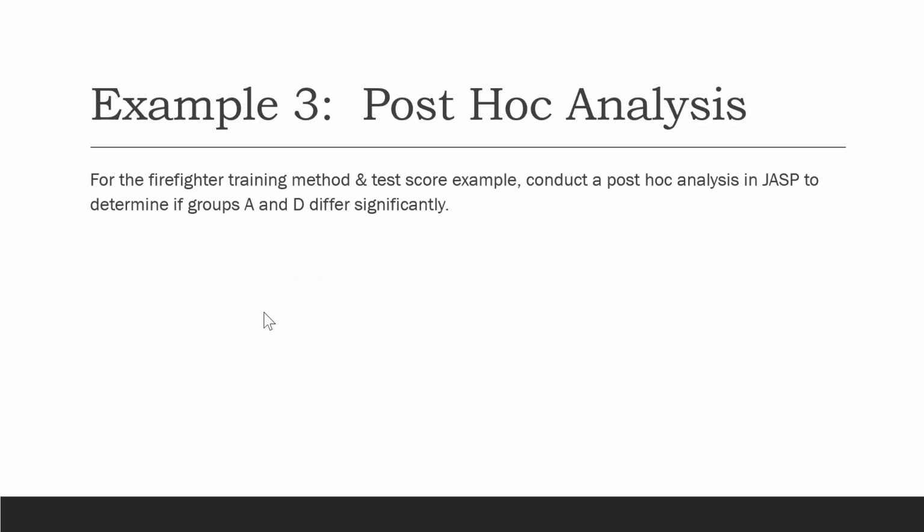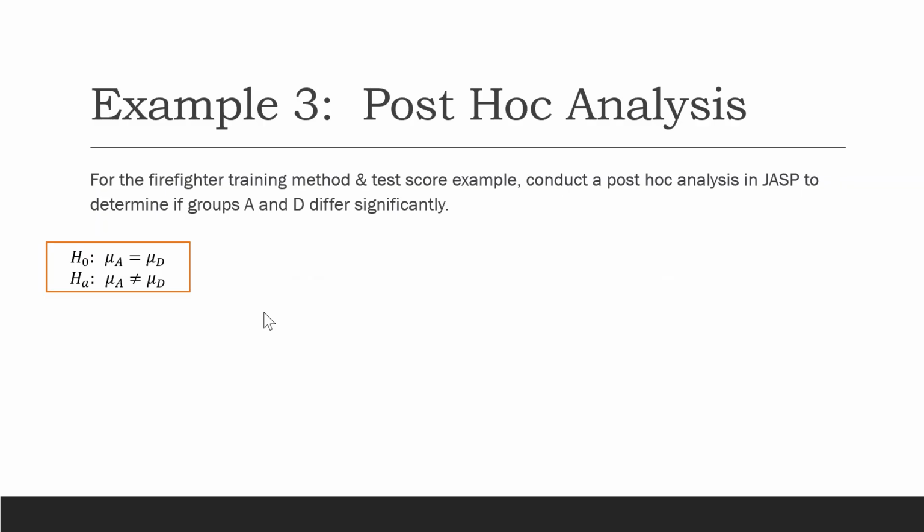If I want to know if these 2 groups have significantly different means, then I'm going to use this as my null and my alternative hypothesis. Mu sub A equals mu sub D as my null, and my alternative is mu sub A is not equal to mu sub D. All right.